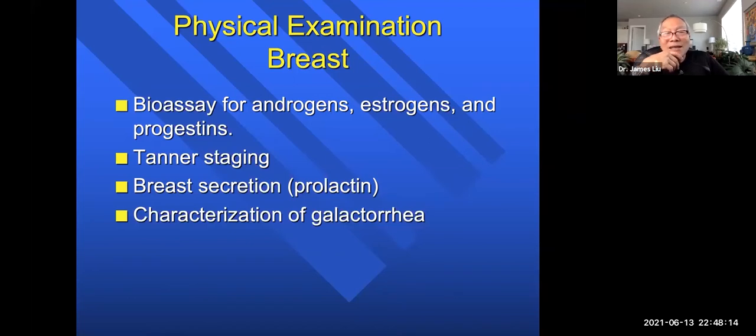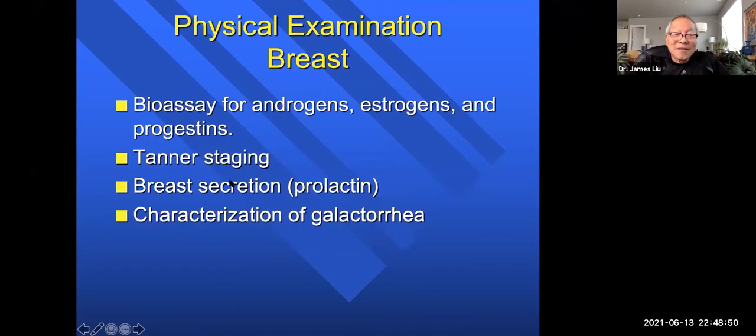So when one is stimulating breast tissue in transgender patients, or taking a Turner's gonadal dysgenesis patient through female puberty, one has to not just use estrogens, but also add some progestin to allow breast development to be normalized, so that the breasts do not have just an excess of ducts without the acinar development. We'll talk a little bit about Tanner staging.